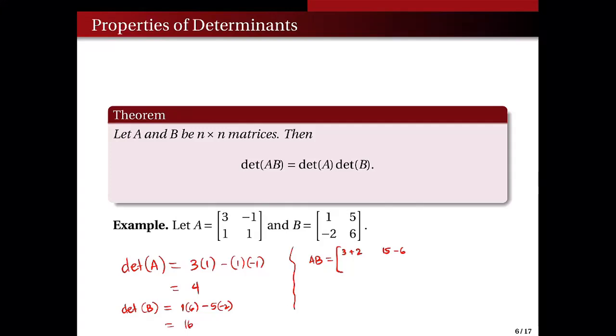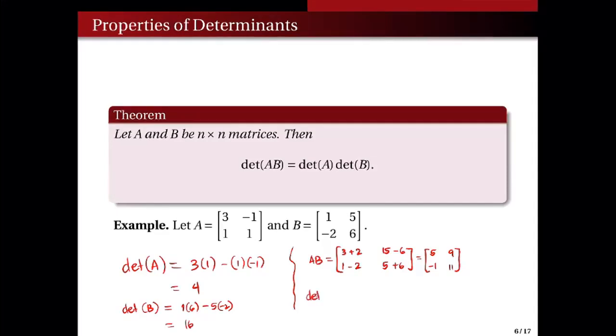Then 1 times 1, that's 1, plus 1 times negative 2, that's minus 2. And then 1 times 5, that's 5, plus 1 times 6, that's 6. So if we simplify this, we will have 5, 9, negative 1, 11. So this is the product AB.